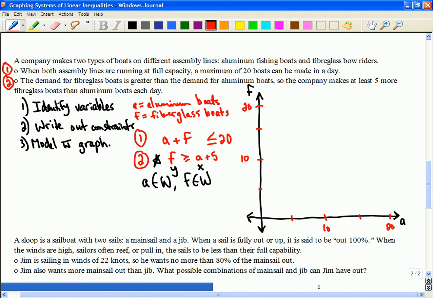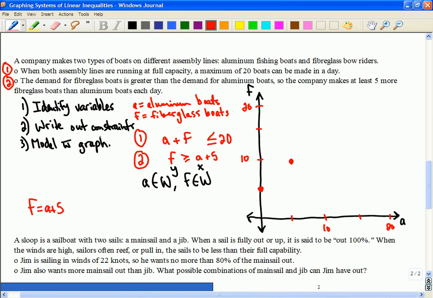And if I look at the first one, I have F equals A plus 5. So I'm going to march up by 5. And then that has a slope of 1 here. So with a slope of 1, I would go over 5, up 5. And the reason I'm using 5s is that's the scale on my graph. You can go over 1, up 1 if that's your scale. That's fine too.